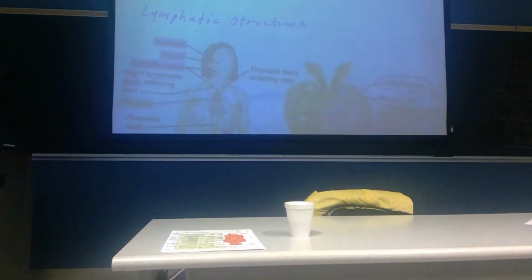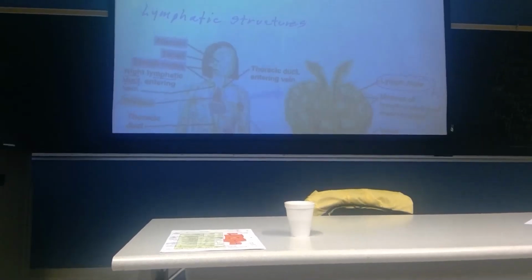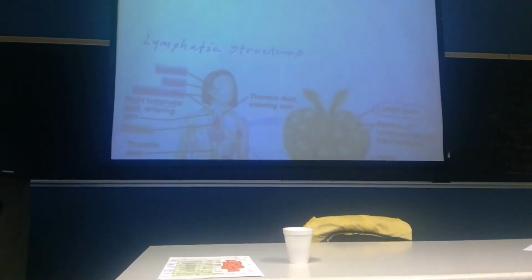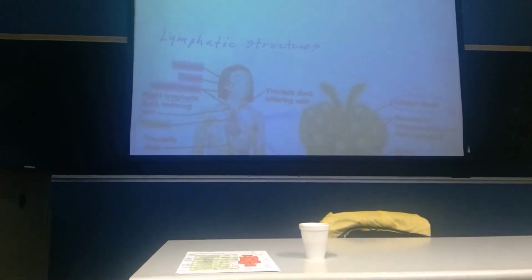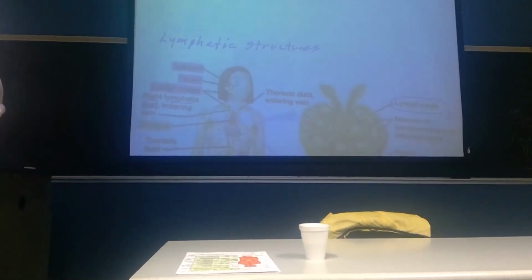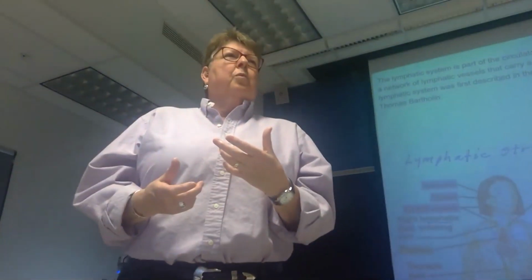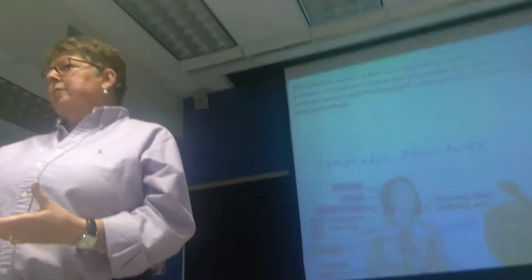Now, the lymphatic system, as I initially said on Wednesday, works with the immune system, so we usually discuss the two together, side by side. The lymphatic system is almost like a second circulatory system, but it's designated for helping rid the body of potential pathogens.